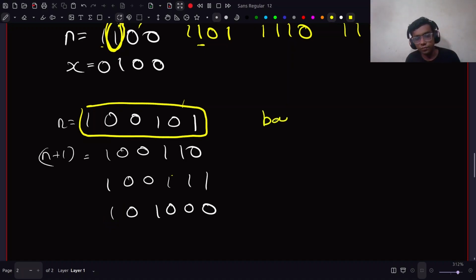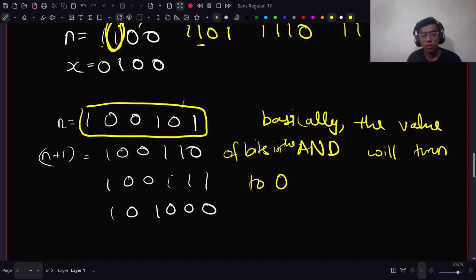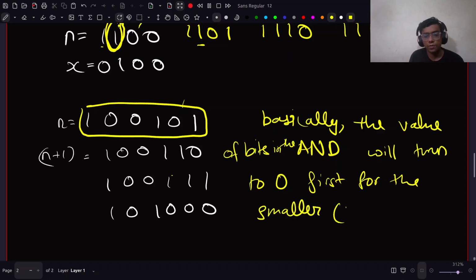So basically, the bits in the AND will turn to 0 first for the smaller bits, the LSB, least significant bits, and later for the larger or more significant bits, the MSB.